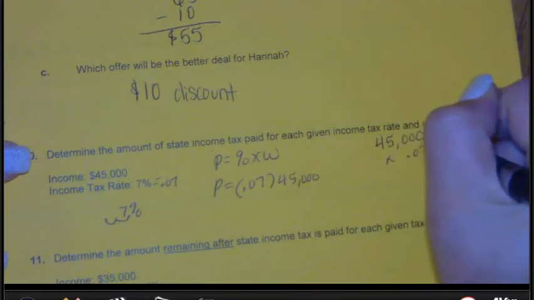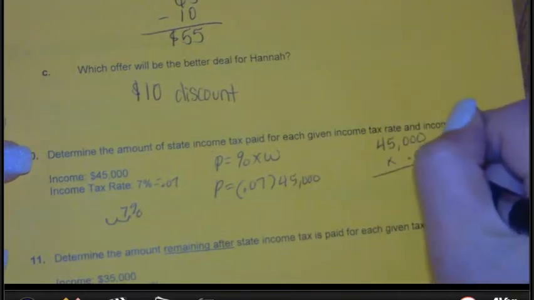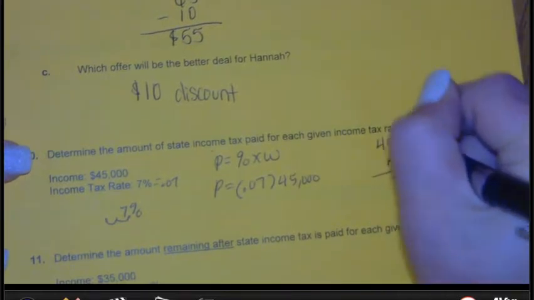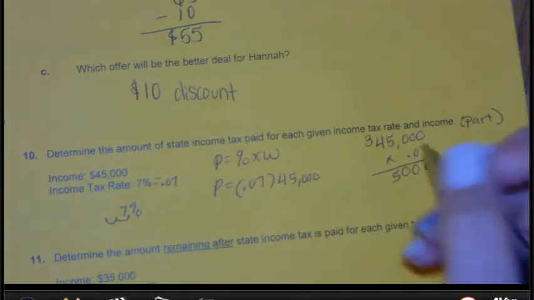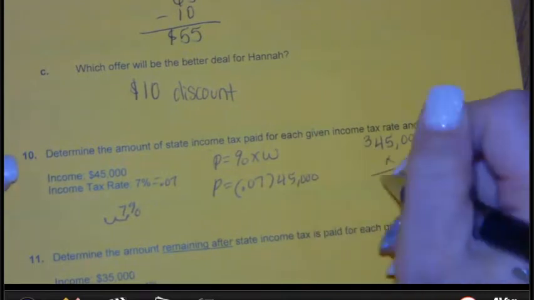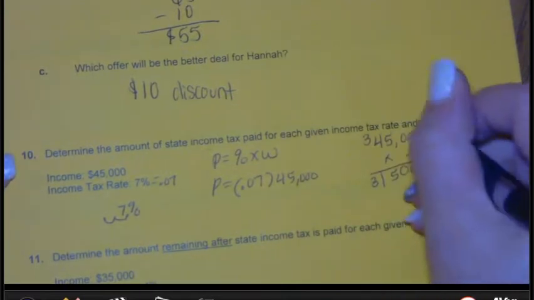45,000 times 0.07. Well, 7 times 0 is 0. 7 times 5 is 35. Nope, 7 times 4 is 28, sorry. Plus 3 more, 29, 30, 31 is 31.